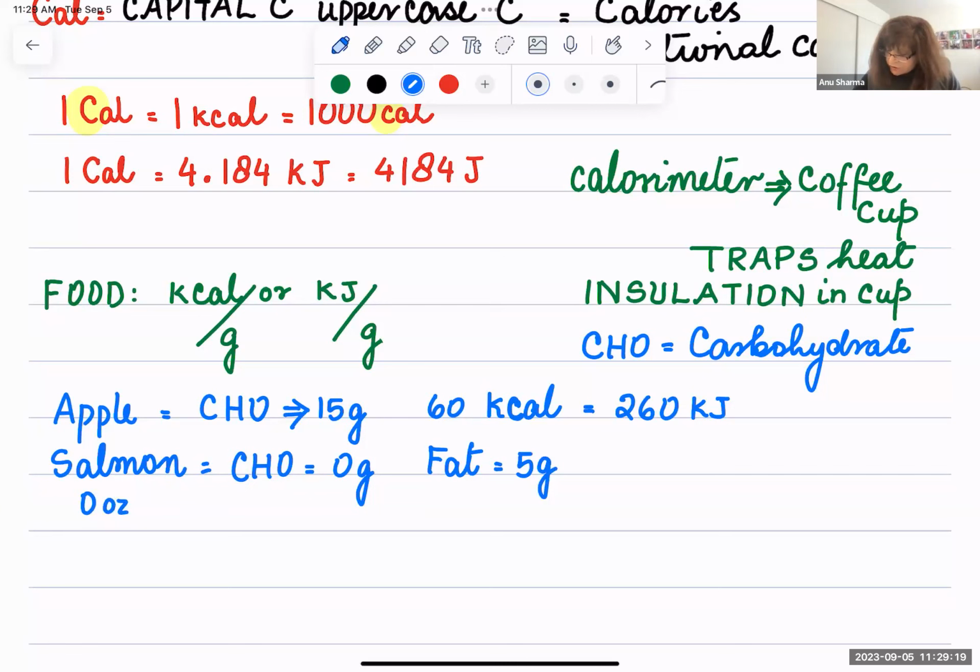And the 3 ounces of salmon also contains protein. And how much protein is there? There are 16 grams of protein present in 3 ounces.